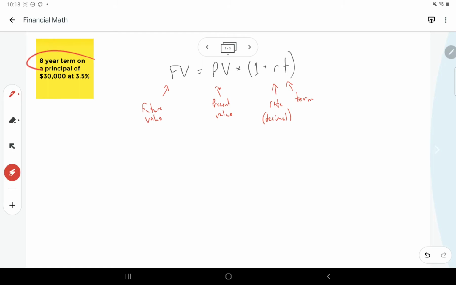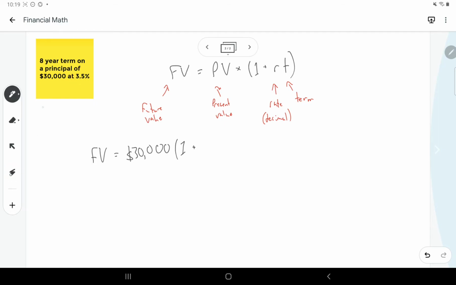So in this case, we have an 8-year term with a principal of $30,000 at 3.5%. So we can say the future value, we're going to find the future value here, equals the present value, which is $30,000, right, because that's our principal, times 1 plus, and of course when I do a bracket like this, that means times, 1 plus R times T. Now R is 3.5.